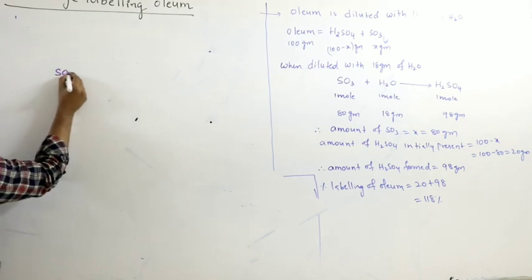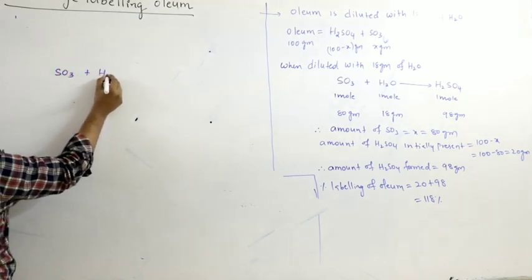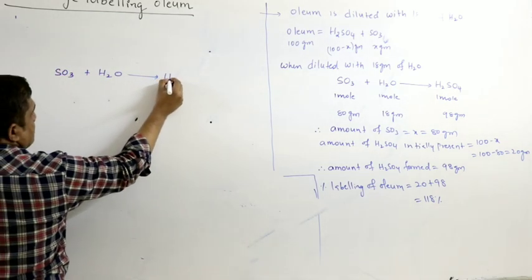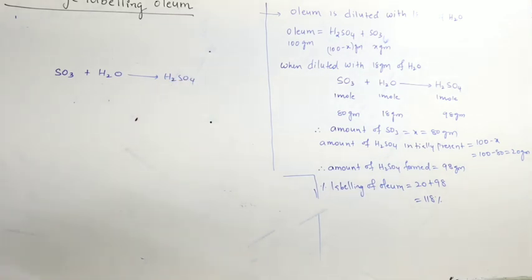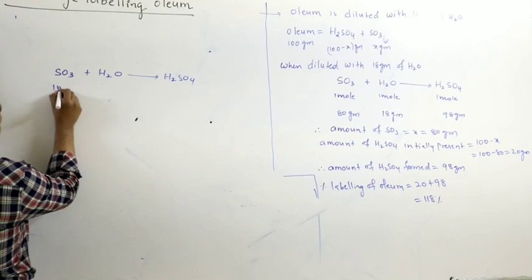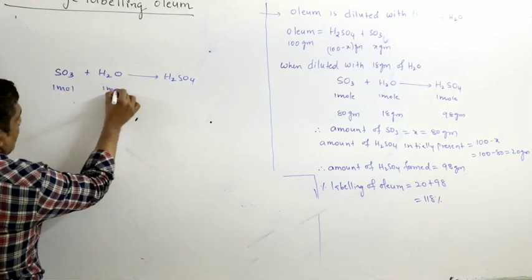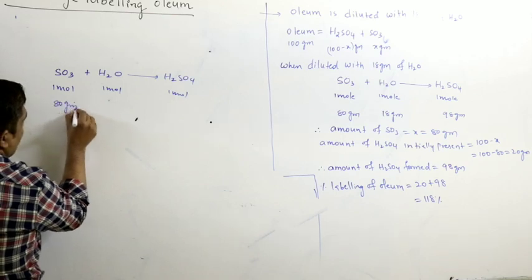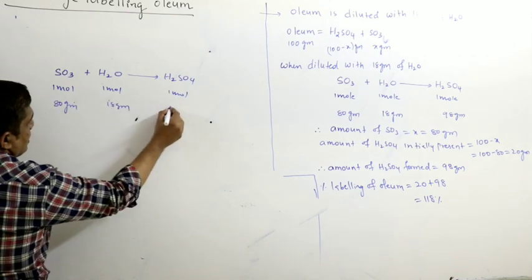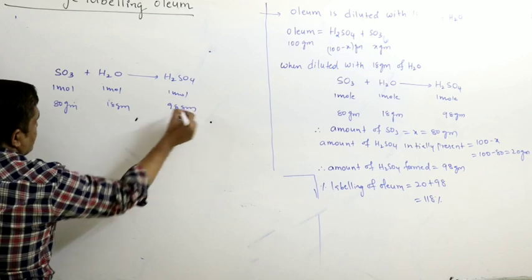Let us imagine this case and solve it. So all the 100 grams is SO3. We are assuming this is 1 mole, 1 mole, 1 mole. So 80 grams of SO3 is required, with 18 grams of water, and you will get 98 grams of H2SO4.